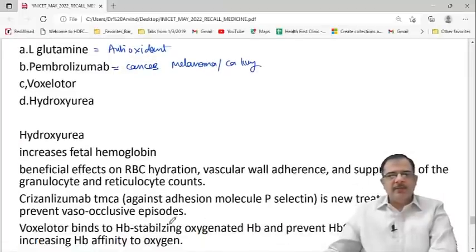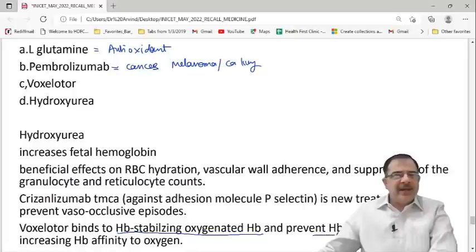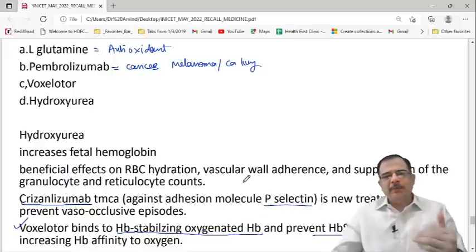So the mechanism of voxelotor is it binds to the hemoglobin, stabilizing oxygenated hemoglobin, and it prevents the HbS polymerization. So hence it will be useful. While the antibody which is a new antibody here is against the P-selectin, and it is a new treatment to prevent vaso-occlusive episodes.